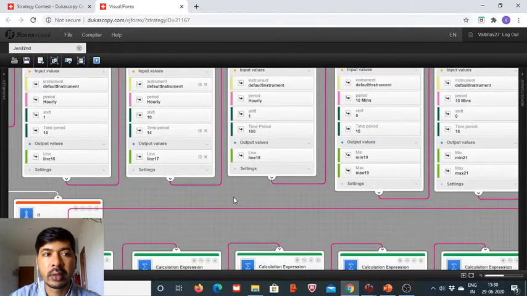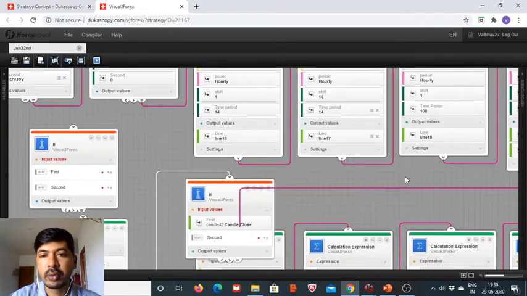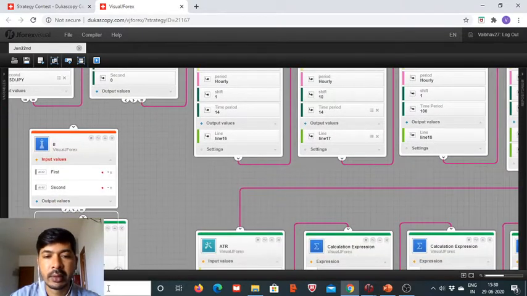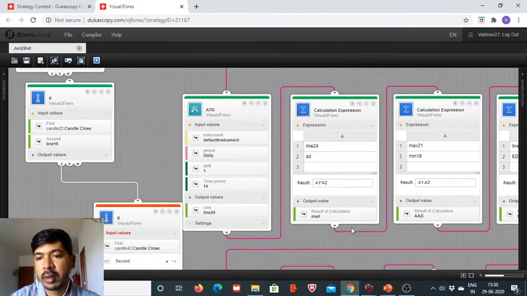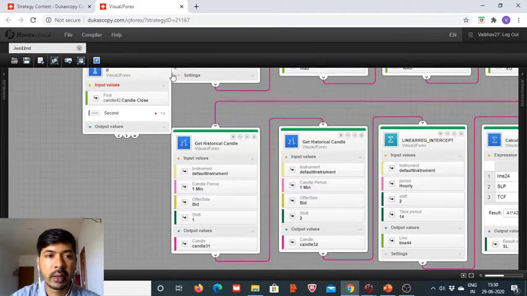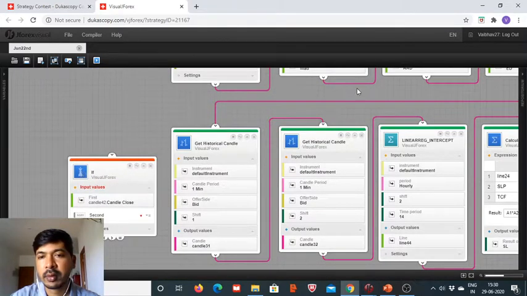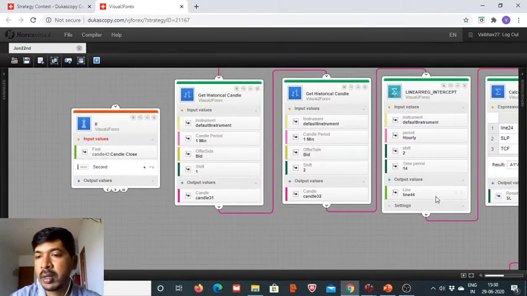As you can see, we will have to go lower, and here we have our required variable, that is line 44.